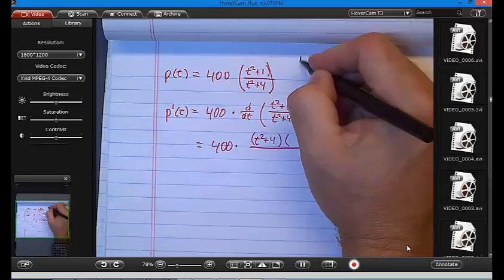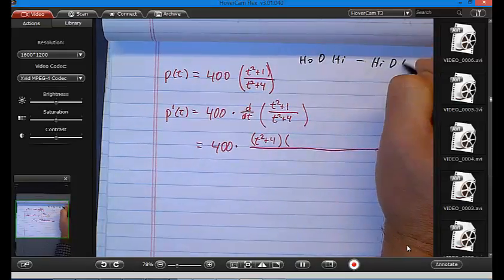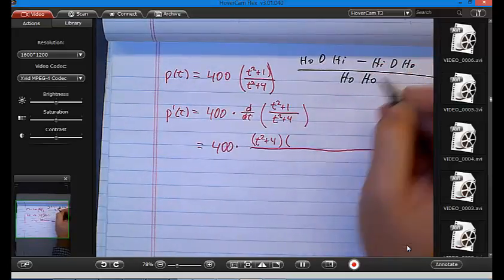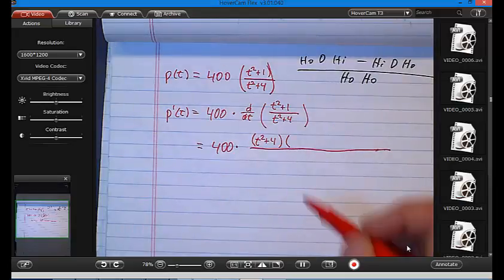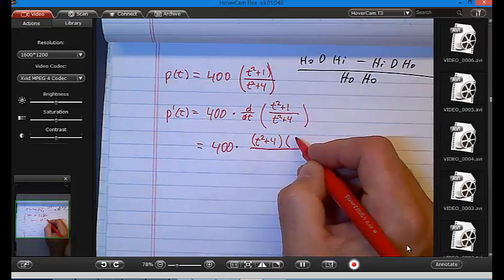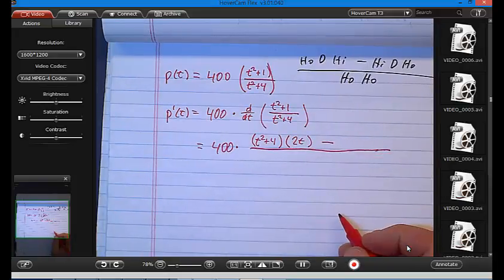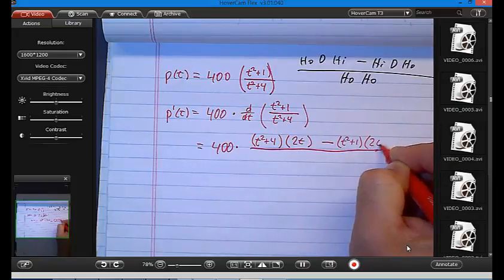Minus Hi D Ho would be t squared plus 1 times 2t. Over Ho Ho, you could write t squared plus 4 quantity squared, if you want. And I don't think there's any need to multiply that out, t squared plus 4 times t squared plus 4. I would leave it like this.